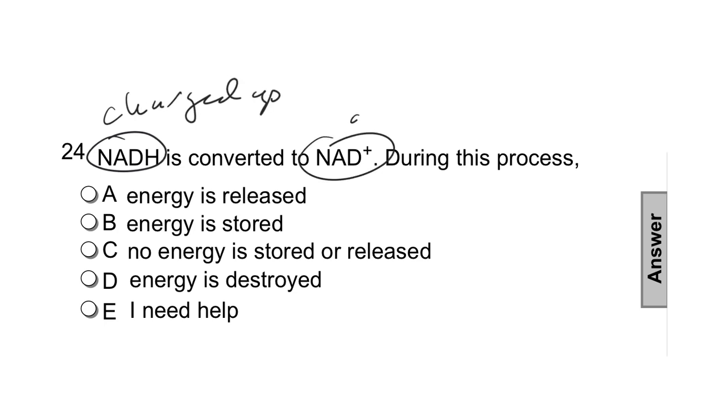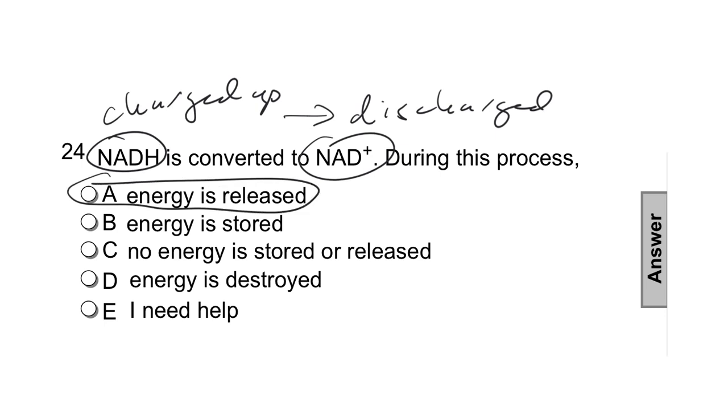NAD is a discharged battery. When I say discharged, that means it's lost its energy. When I say it's charged up, it's storing energy. So when the charged up goes to the discharged form of NAD, of course, energy has to be released.